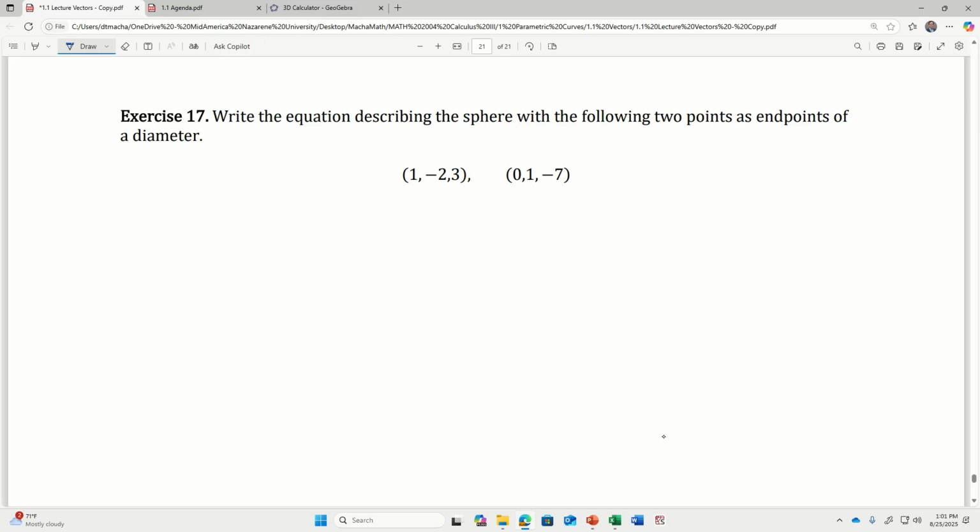So the center of the sphere is going to be the midpoint halfway between these 2 points.